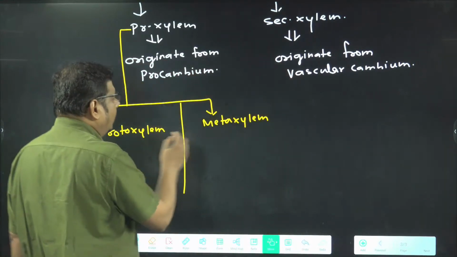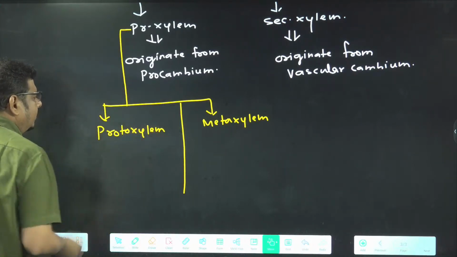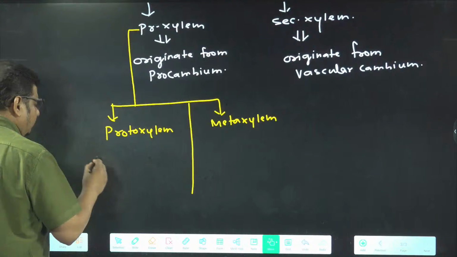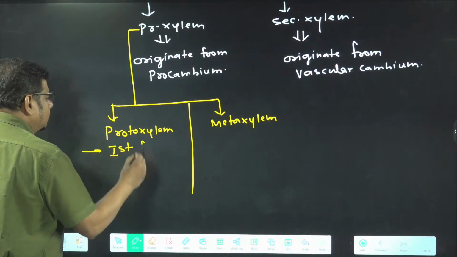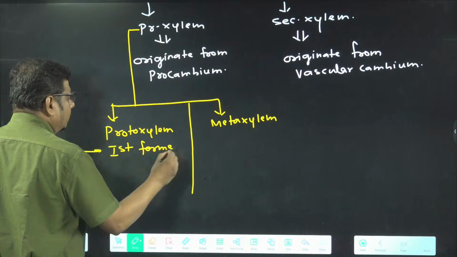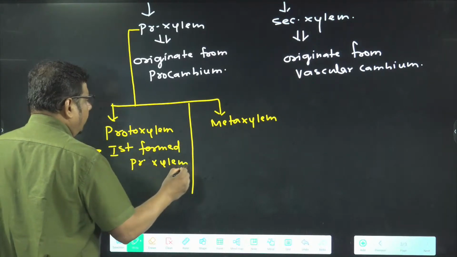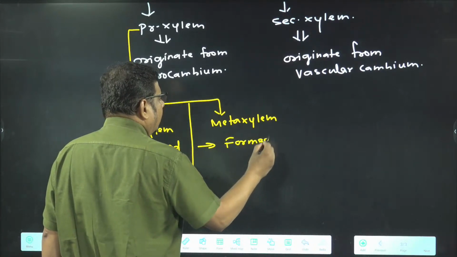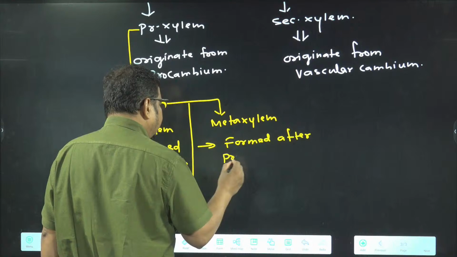Both protoxylem and metaxylem are primary xylem. So what is the difference between protoxylem and metaxylem? Protoxylem is the first formed primary xylem. And metaxylem is formed after protoxylem.